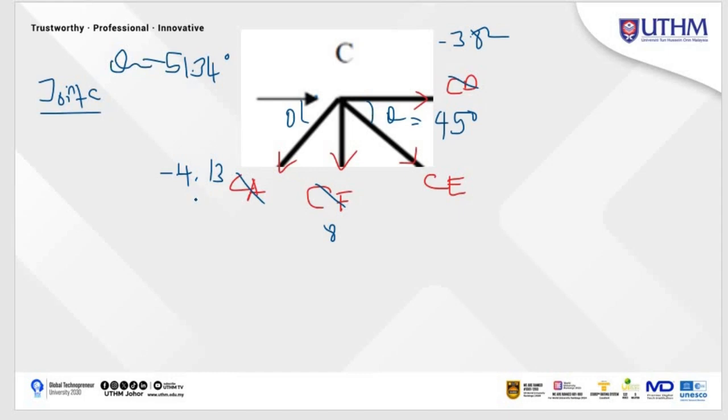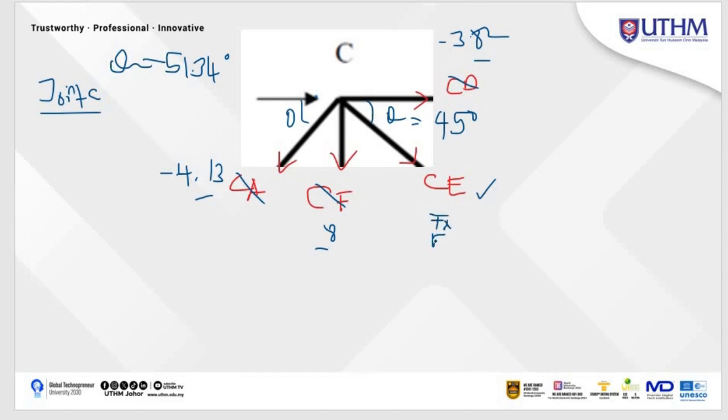So you just put the values here, because we already found them. So only CE we need to find. Which equation of equilibrium can you choose? Since CE involves the angle, we have Fx and Fy unknowns.